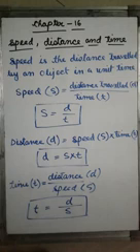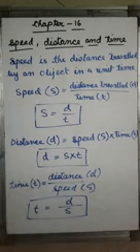So here, the definition of speed is the distance traveled by an object in a unit time. In a unit time means it may be 1 second, it may be 1 hour, like that.